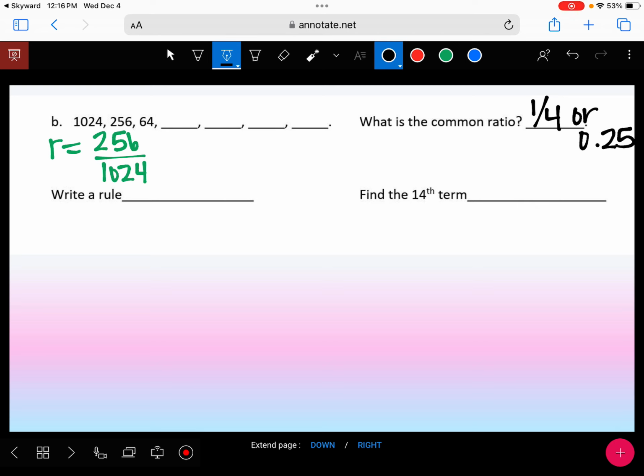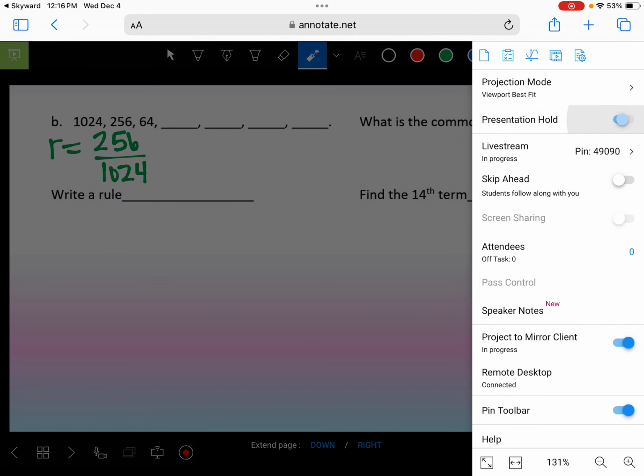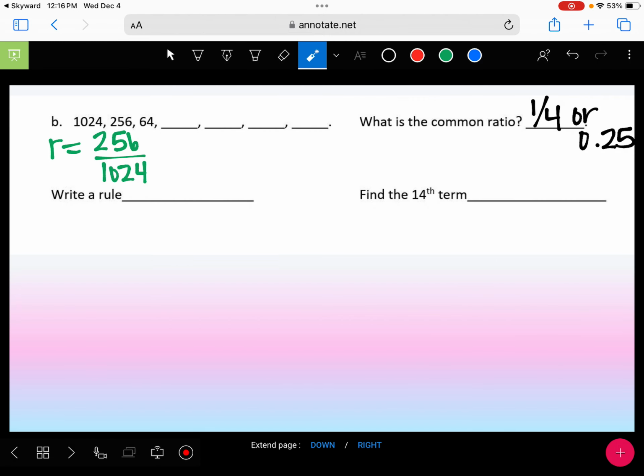So let's go ahead and do that. Keep multiplying by 0.25 to get the next 4 numbers. Take 64 times 0.25 and just keep going. Get the next 4 numbers.